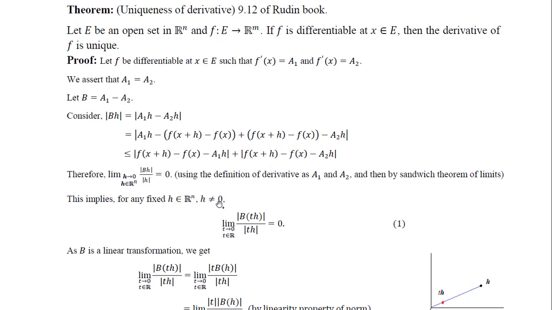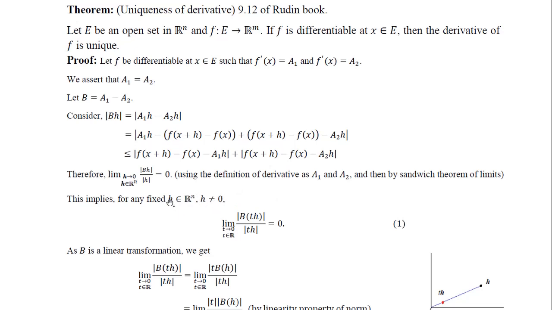We will consider h to be non-zero because we are going to divide by h also, and even if h is 0, B being a linear transformation, Bh will definitely be 0. So that's not a big issue. Let us keep the case h equal to 0 apart and assume that h is non-zero.